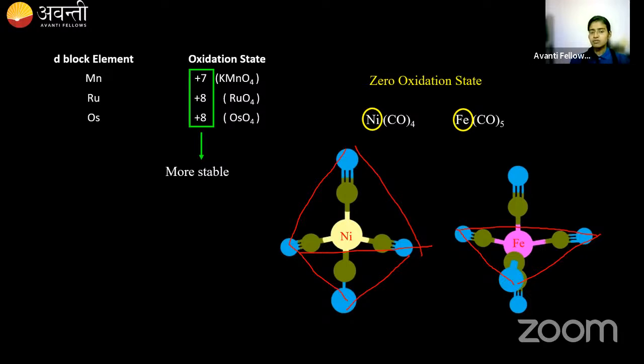In these two compounds, nickel and iron both have zero oxidation state. Why? Because the carbon monoxide ligand, which is called the carbonyl ligand, is a neutral ligand. So it carries zero charge. So X plus 0 is equal to 0, so X is equal to 0. So nickel and iron can exist in their zero oxidation state in these carbonyl compounds. Got it? Clear?